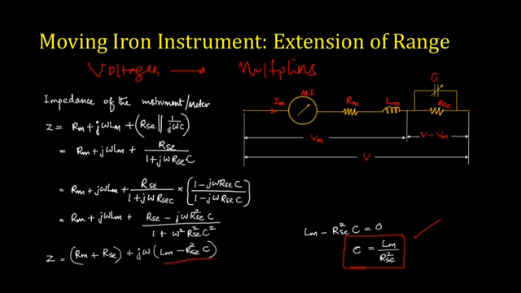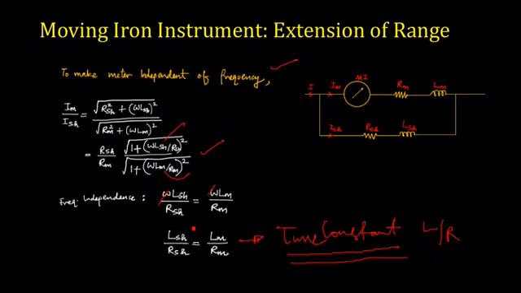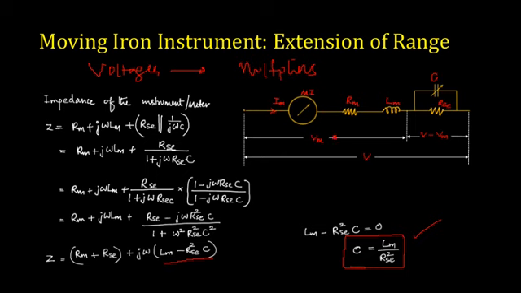So just keep these two ideas in mind: while you are using the MI meter as an ammeter to extend the range, you will be going for the time constant concept, that is, making the time constant of the shunt as well as the meter coil equal. And here, while you are using it as a voltmeter, you will be using, along with the multiplier resistance, a capacitor in parallel in order to make it independent of frequency, and the value is given by C is equal to Lm by Rc squared.